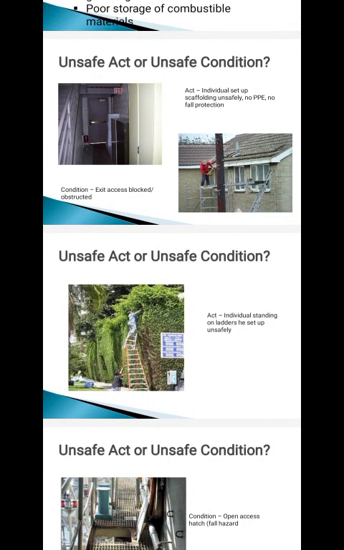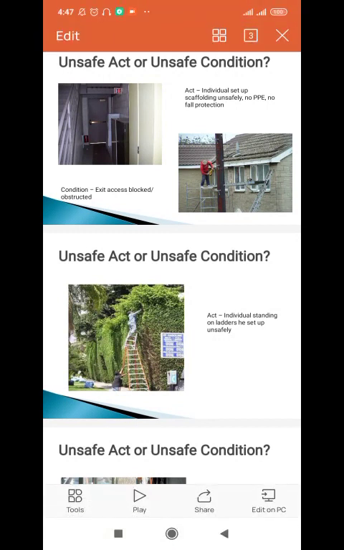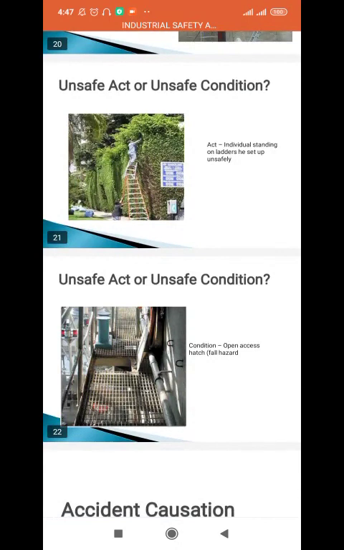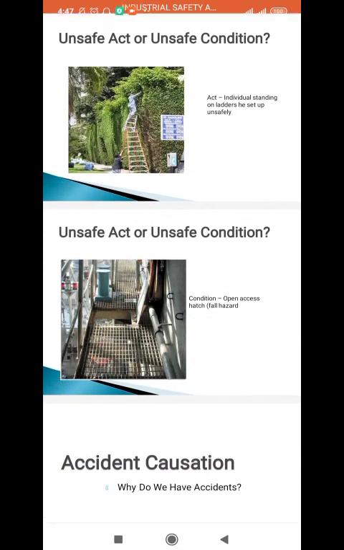Let's look at these pictures. We have this man working at height. So is it an unsafe act or unsafe condition? It's an unsafe act. The first picture shows a door that is supposed to be an emergency exit. Emergency exits are supposed to be accessible and open, so that if anyone wants to pass through them, it shouldn't be an issue.